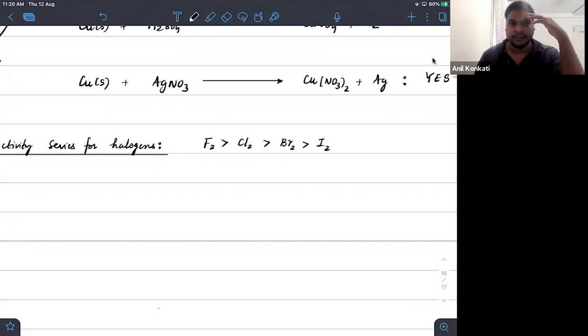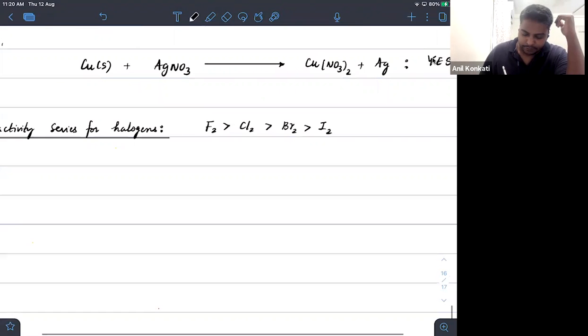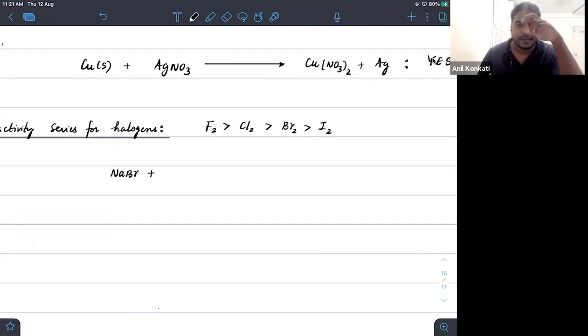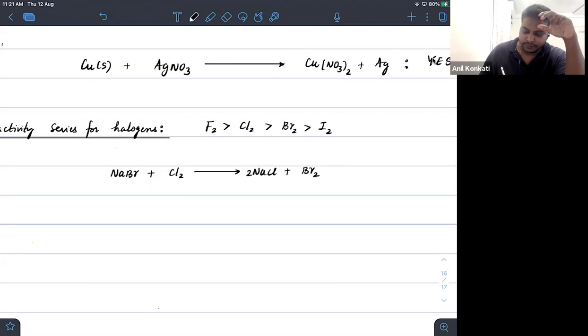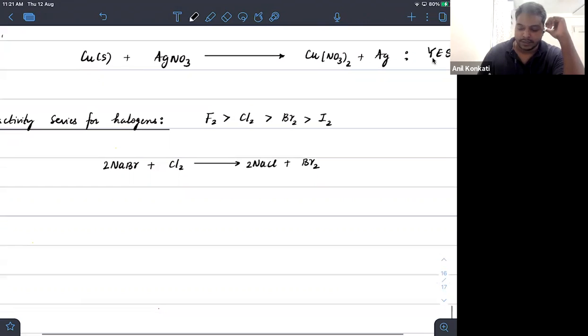So F2 will be more reactive than Cl2, then Br2 and I2, which meant that if you take something like NaBr and treat that with Cl2, then it would become NaCl and Br2. And this is a correct reaction. This is going to be yes answer.